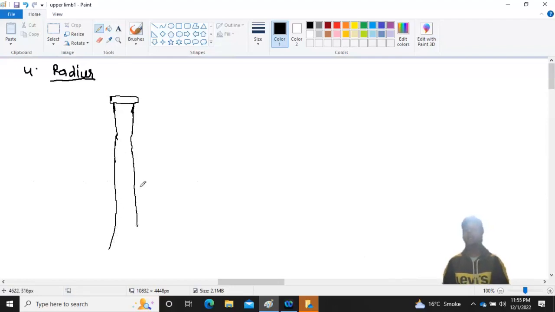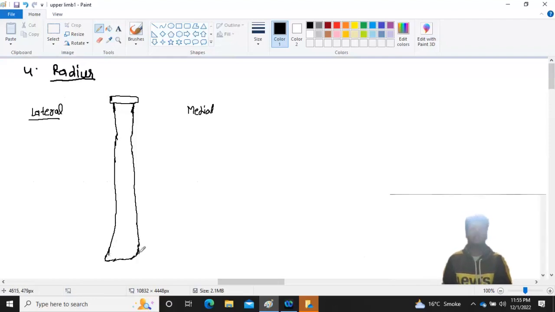First, we take the medial and lateral side. Let's say this is the lateral side. This is lateral and this is medial. Done. And distally it extends and forms like this. This is the end, and it helps in formation of the wrist joint.